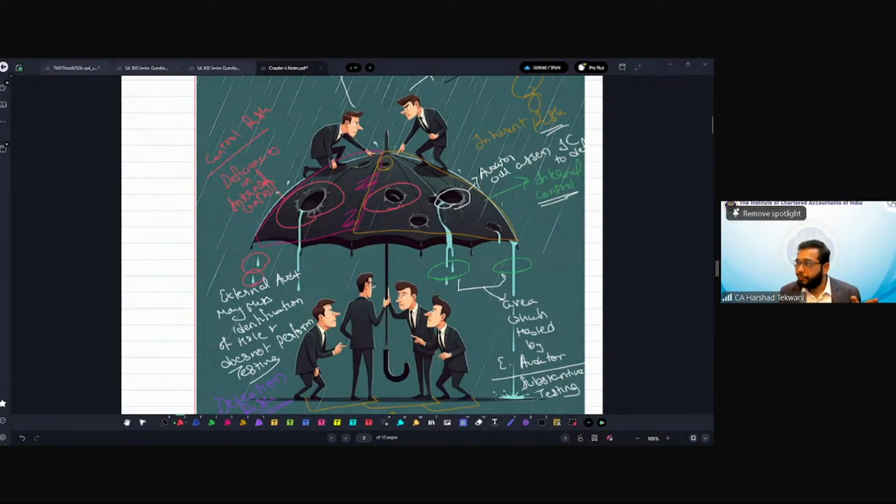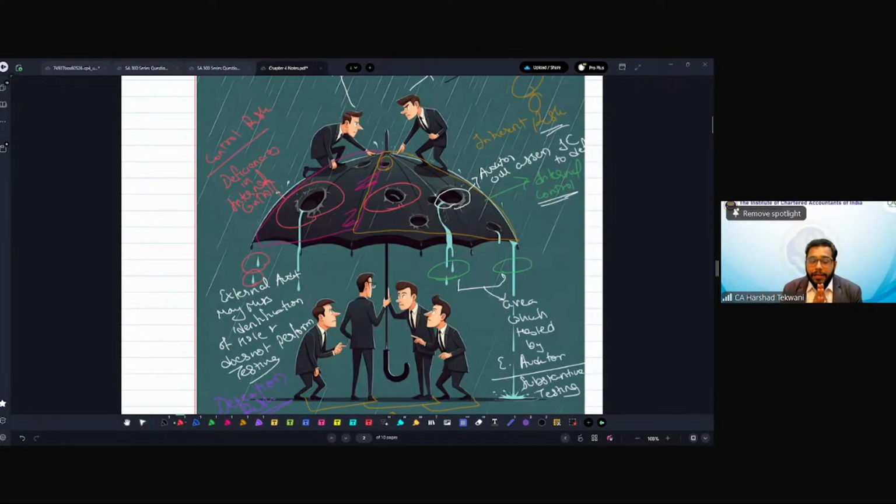If you look at the two parts of this particular image, which are your inherent risk and control risk, inherent risk is the rain and control risk is the chance that the umbrella is not able to stop the rain. If you combine these together, it becomes the risk of material misstatement.